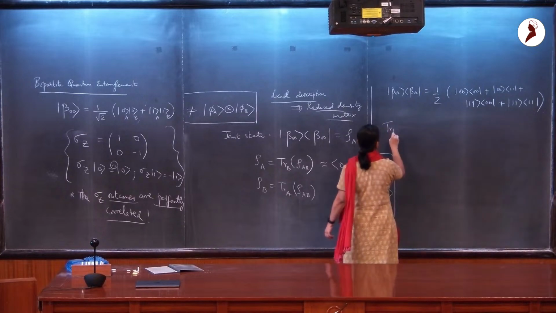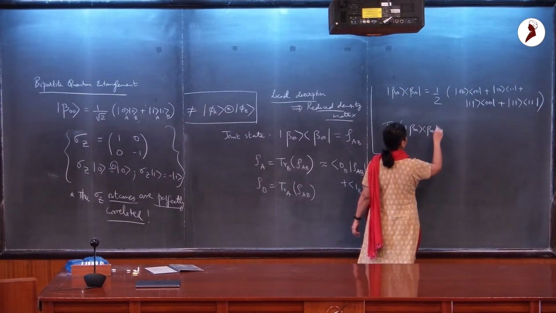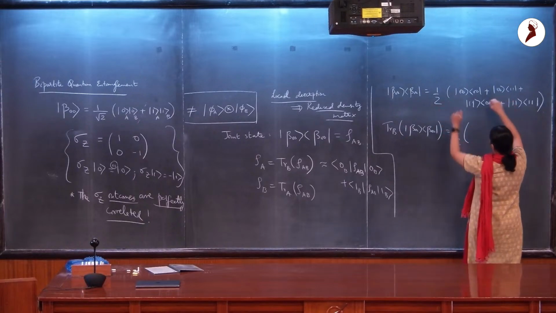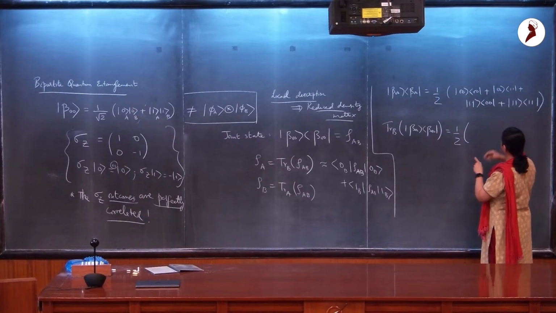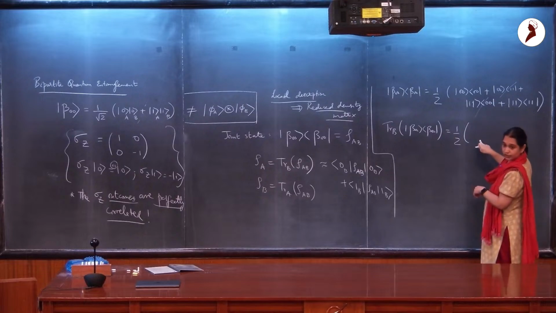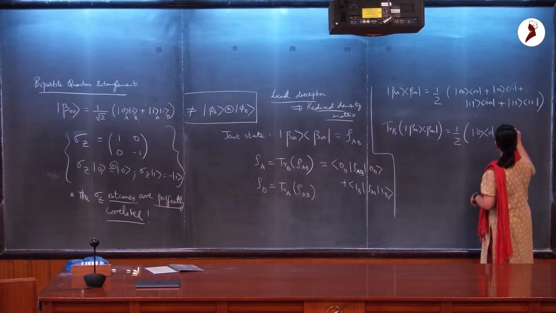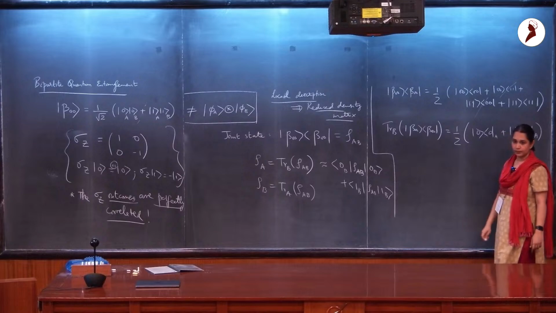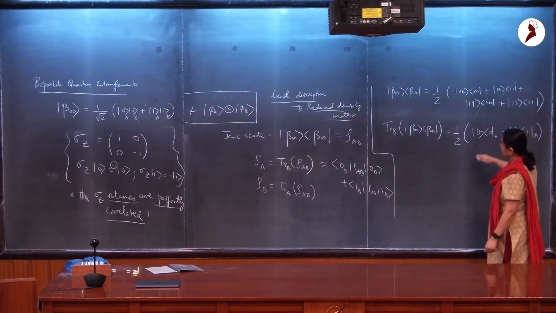And when I take the partial trace over B of this, then I have to sandwich on both sides with the ket 0 in B and the ket 1 in B, and you realize that these cross terms are going to go away when I do the partial trace. So what am I going to be left with? I'm going to be left with the 0, 0 in A and the 1, 1 in A. Is this clear? So this is how you do the partial trace.